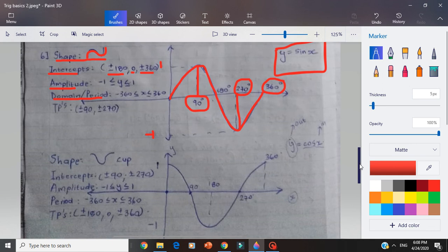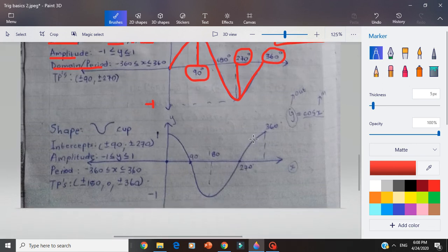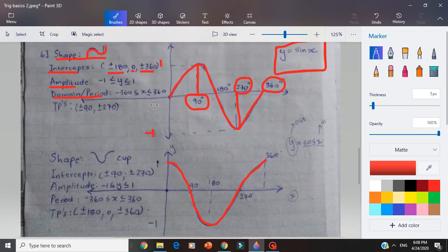If I look down here, what you should notice for a cos graph is it doesn't start at 0, it starts at 1, and it makes a characteristic C shape, a characteristic cup shape, and in a cup you have a C. It intercepts at 90 and 270, so notice that whatever was the intercept and turning point for the sine graph swapped for the intercept and turning points of the cos graph.